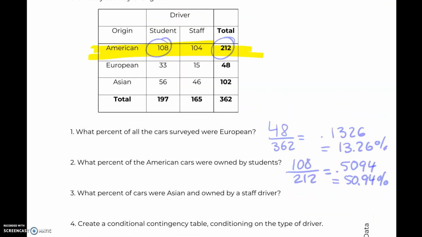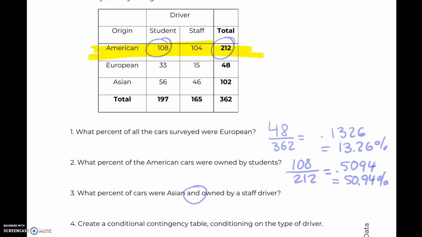The next question is asking what percent of cars were Asian and owned by a staff driver. Our keyword for this one is "and." So we want a car that is both. We're going to ask, out of all the drivers, what percent were Asian and owned by staff.